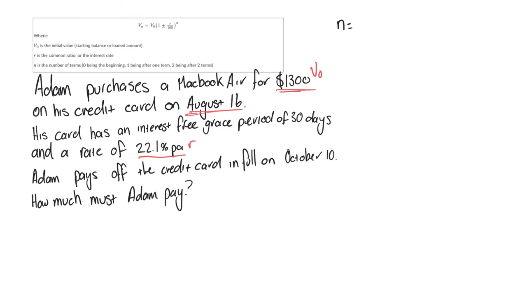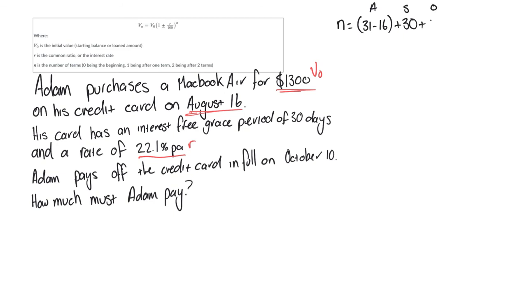So if Adam purchases on August 16, so August has 31 days. So this will represent how many days are left in August. And then September has 30 days. So that's August, September, then this one will be October.